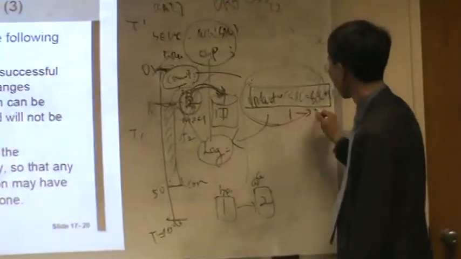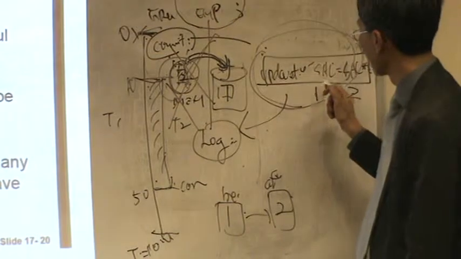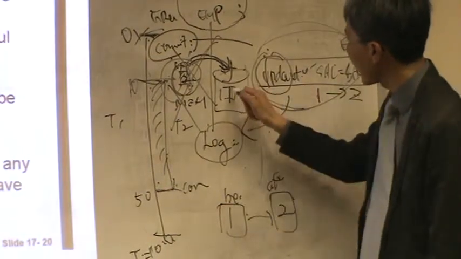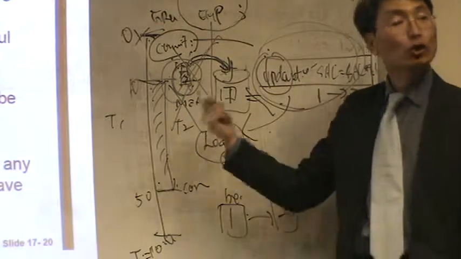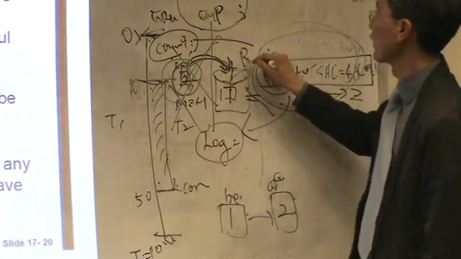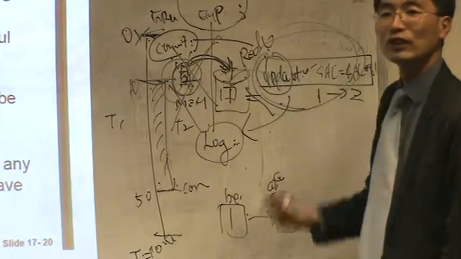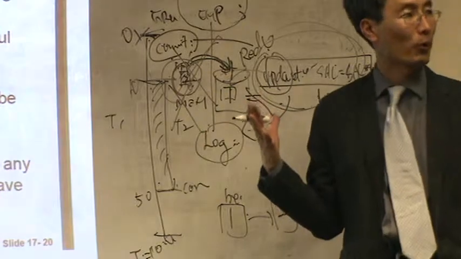Update 1 to 2. The system crashes. Then check this log data and this data. They're not matching. It's supposed to be 2, but it's still 1. At that time, you can redo. That's the redo operation.